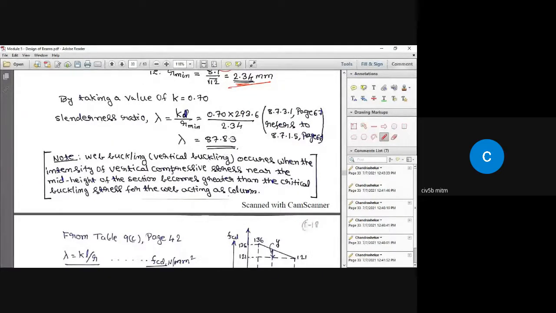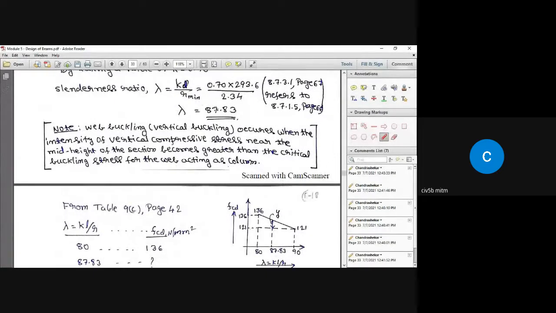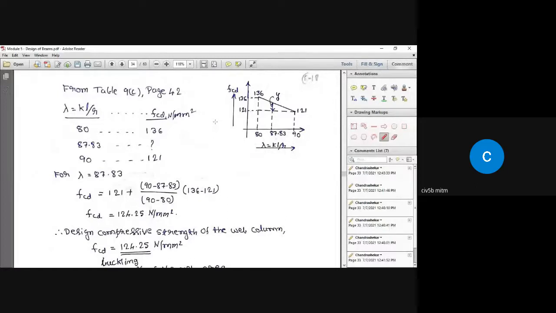Once we have it, go to page number 42 of the code book, for buckling class C and for FY 250. The actual value of lambda, the slenderness ratio, is 87.83, which falls between 80 and 90. For KL by r equal to 80, for 250 steel, the value of FCD is 136.